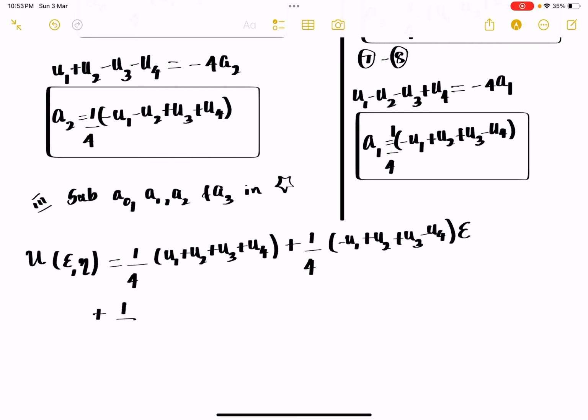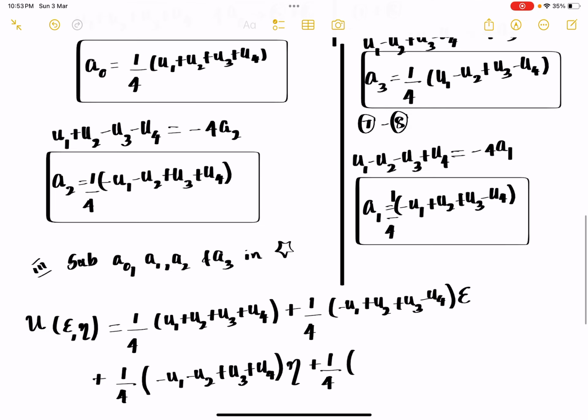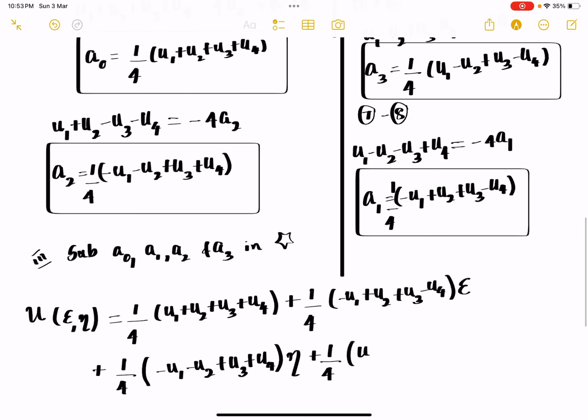Plus A2 eta. So what is the value of A2? It's 1 by 4 into minus u1 minus u2 plus u3 plus u4. Plus A3 epsilon eta. So what is the value of A3? It's u1 minus u2 plus u3 minus u4.